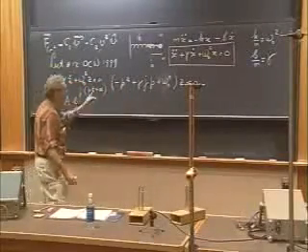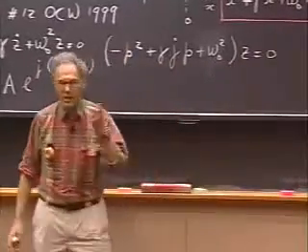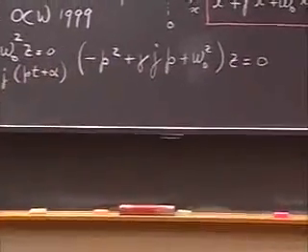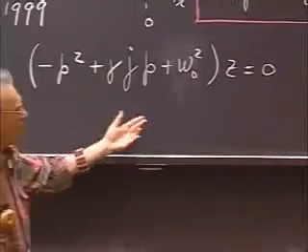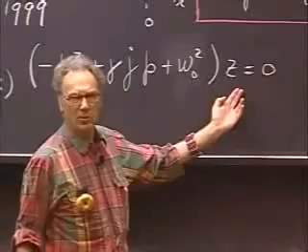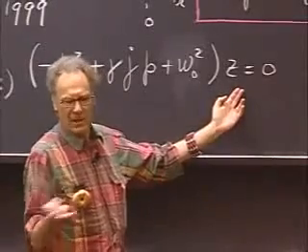If you have an equation like this, you may think it's one equation, but it really is two equations. Because z equal to 0 is not an acceptable solution, because that's the oscillation.